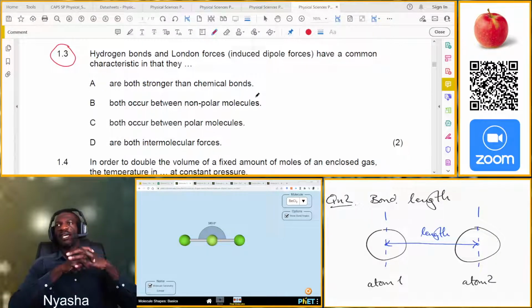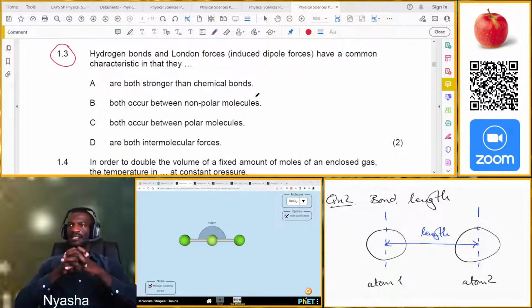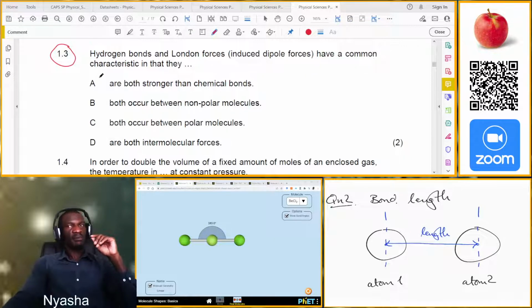They have a common characteristic in that. Option A is, they are both stronger than chemical bonds. So there are some keywords already. They are saying they're both stronger than chemical bonds.